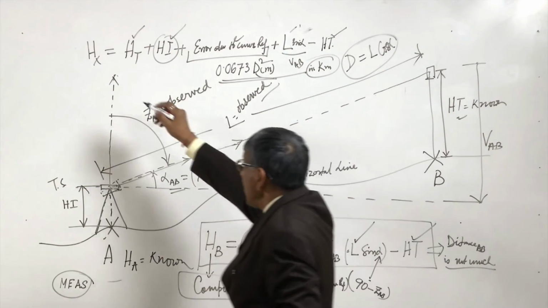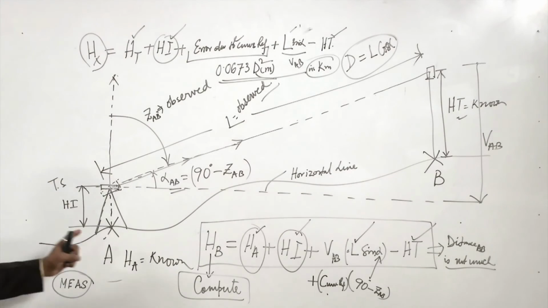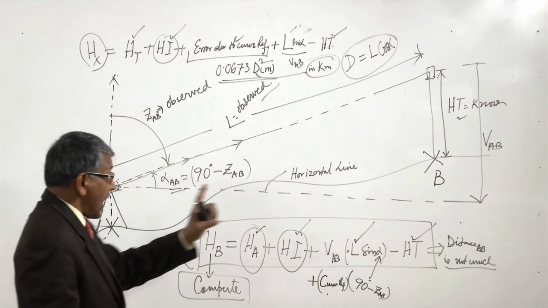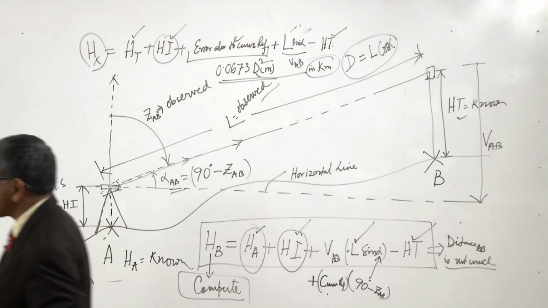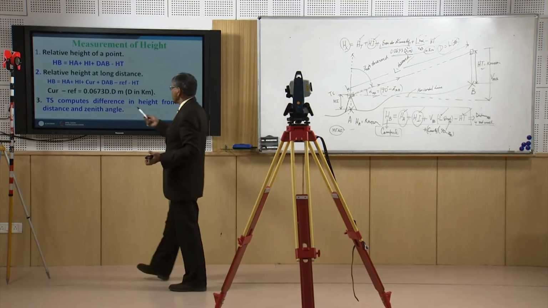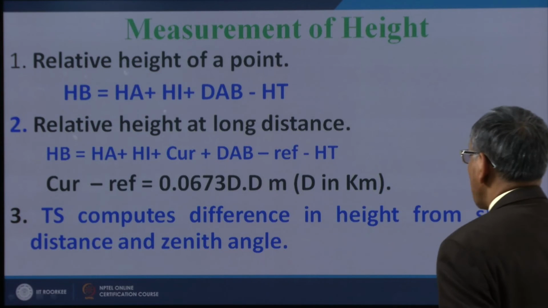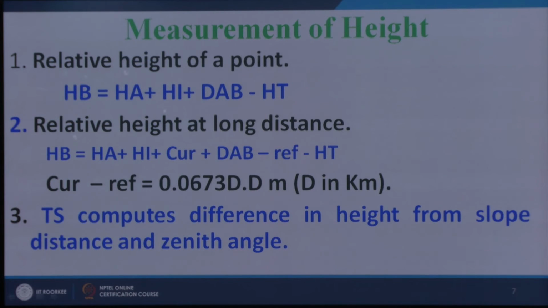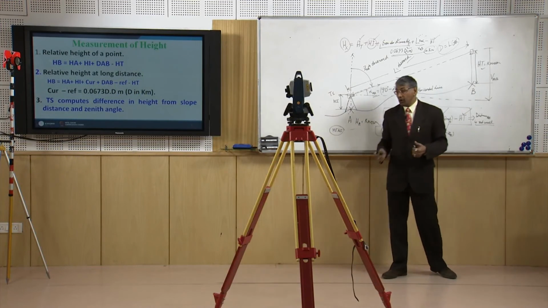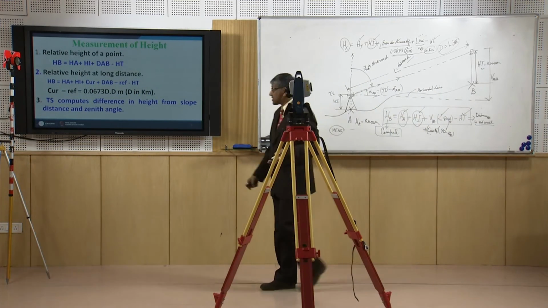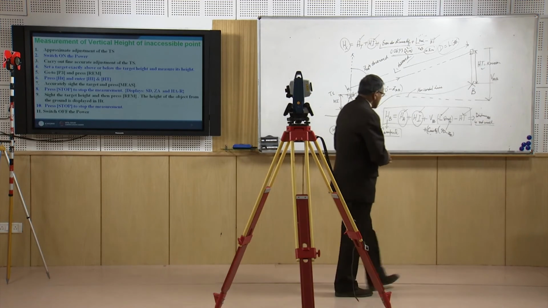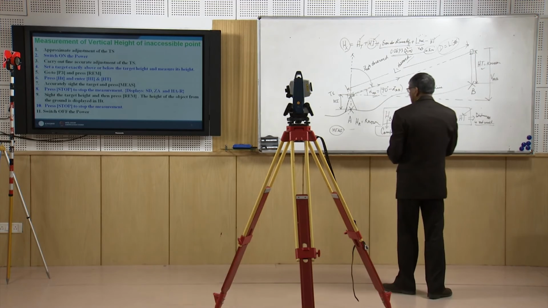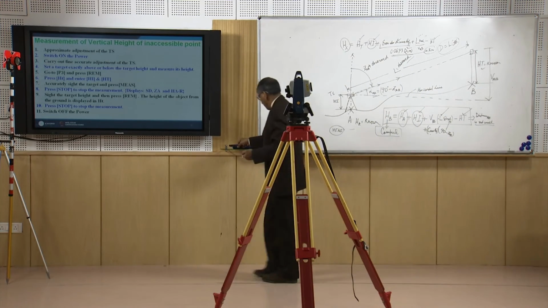So, when the instrument location and the target location are far off, we need to take into consideration the error due to curvature and refraction, and the combined error is to be added. In that way we find out the distance between two stations when it is far off. Total station provides us the height of a point.